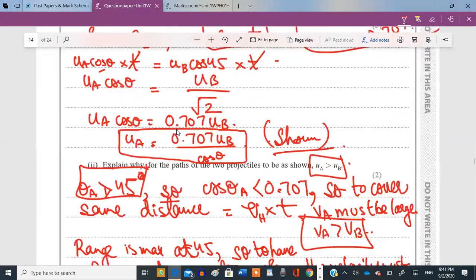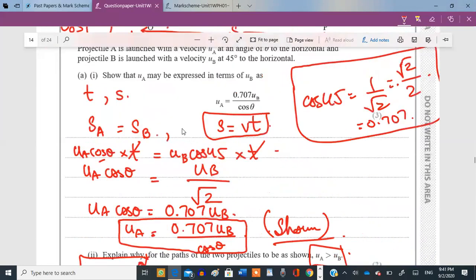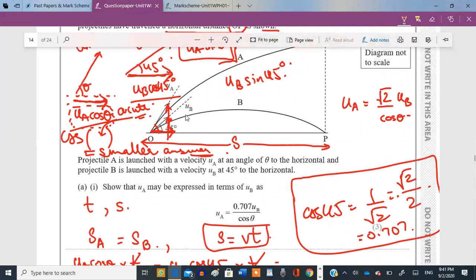Then as these balls rise up, if you look at the motion of B, as it reaches its maximum height, what happens to the vertical component? The vertical component reaches zero, because in the vertical direction you have deceleration due to gravity.